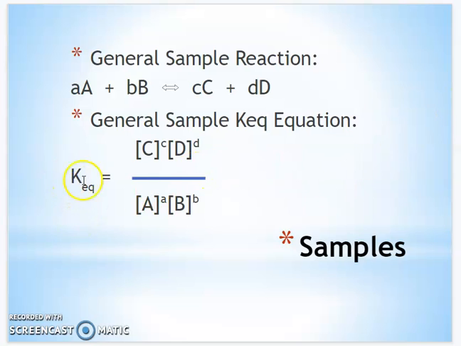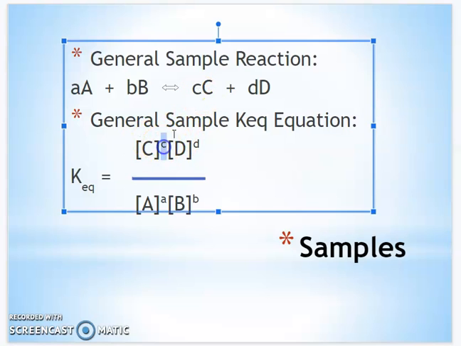So our KEQ equation is saying products, that's C and D in this equation. C is raised to the power of its coefficient. So you see this tiny c right here, that is this tiny c right here. This lowercase d right there is that lowercase d here. Divided by, down here, we have our reactants.